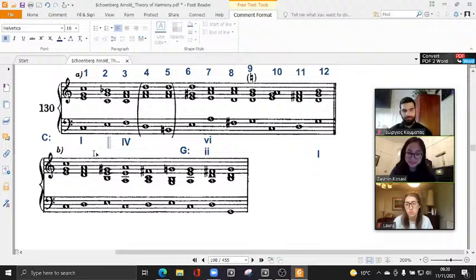It's not what? A diatonic. It's a non-diatonic chord. Why? Because it is not inside. It's not what? Because it's not C major.